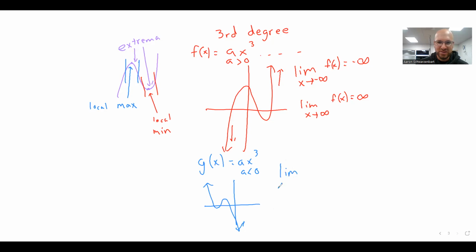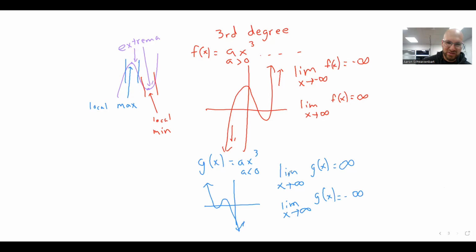My end behavior just reverses. So now when I'm approaching negative infinity on the x, I go to infinity. My second one here is I approach positive infinity. I go to negative infinity, or I say up, down.